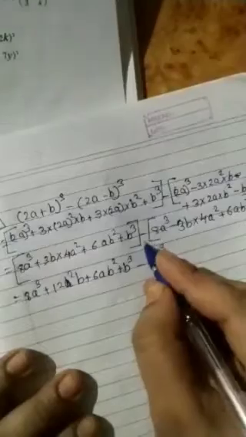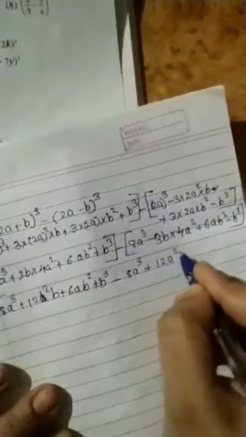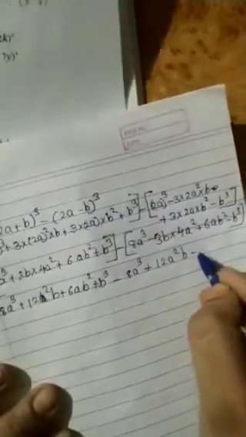Now here the sign will change, that is minus 8a cube, here minus minus will become plus, that is 12 a square b, and here this will become minus, that is 6ab square, and this will become plus.